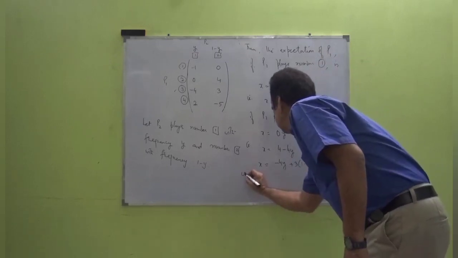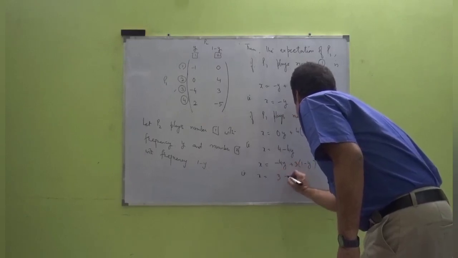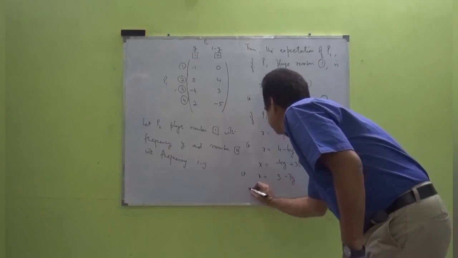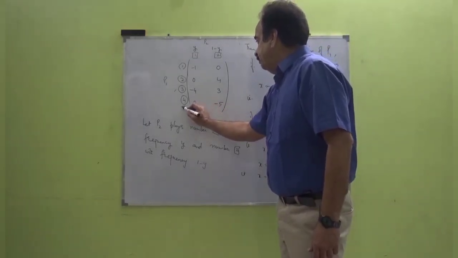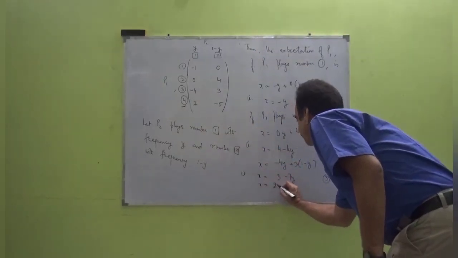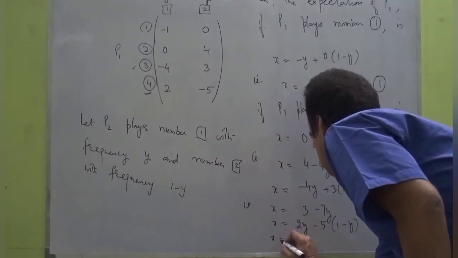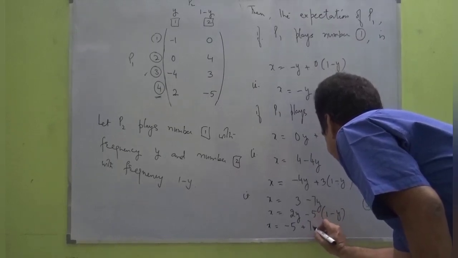That is, x is equal to 3 minus 7y. Call it 3. Now likewise, the expectation of P1 when P1 plays number 4 will be x equal to 2y minus 5 into 1 minus y. That is, x is equal to minus 5 plus 7y.